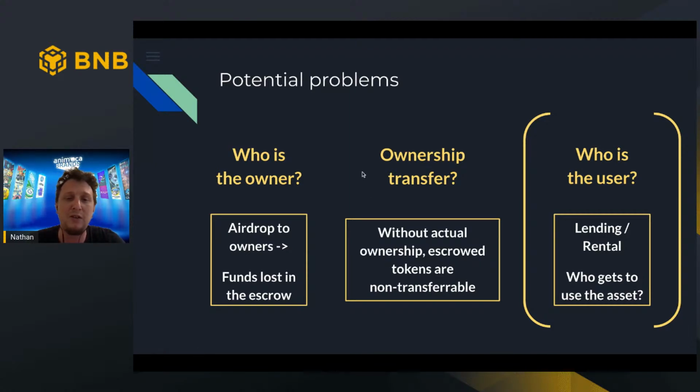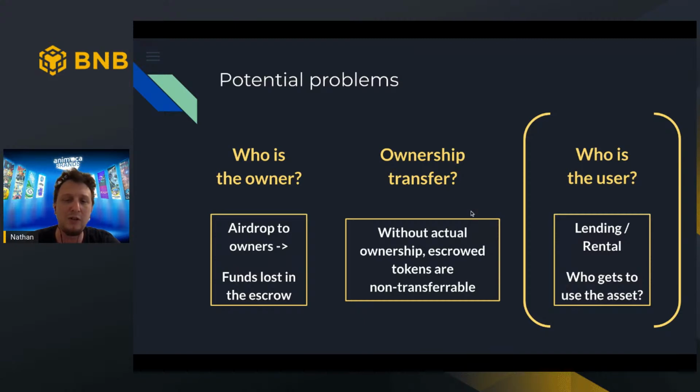Then another issue: I escrowed my token, but I would like to transfer ownership. Can I or can't I? In the normal use case, since you lost the ownership of your token, you cannot actually transfer it.